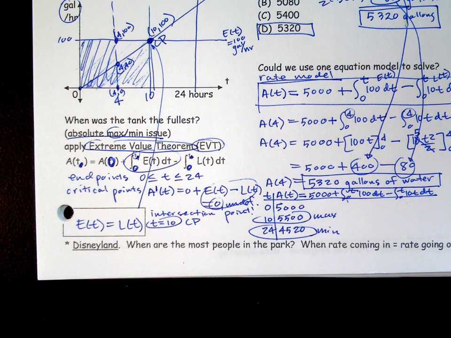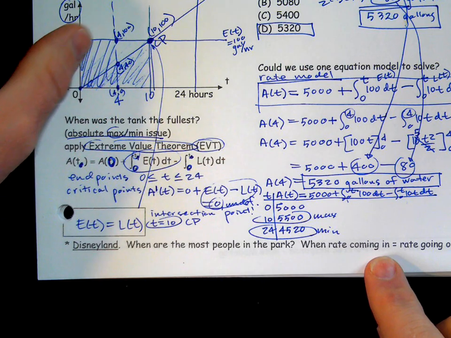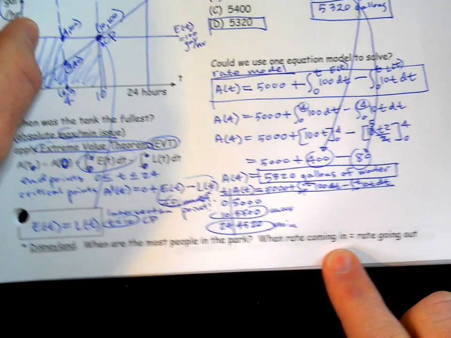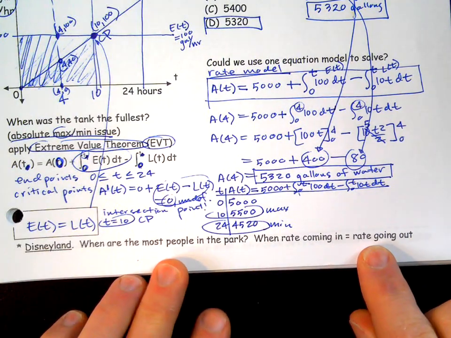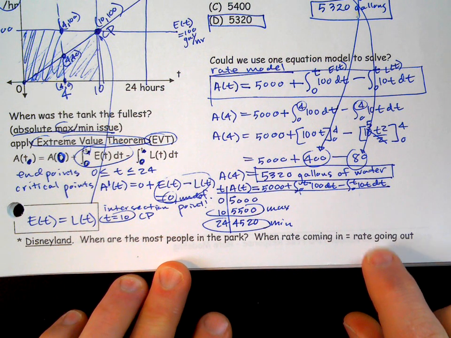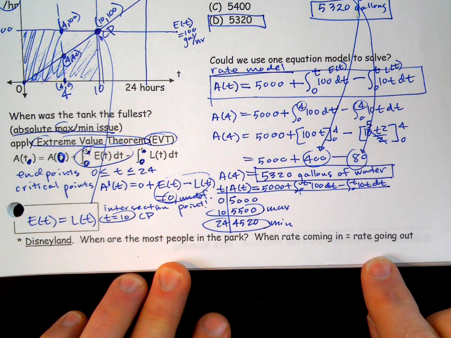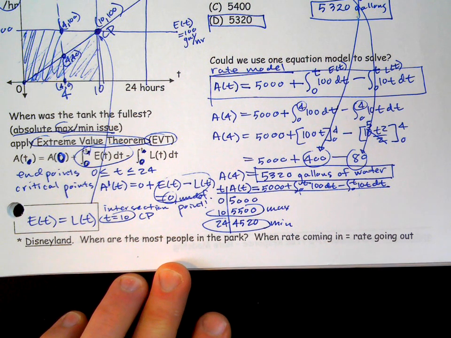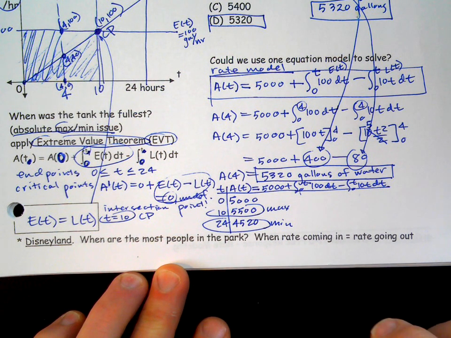And it's going to be at this weird place when the rate of people coming into the park is exactly equal to the rate of people going out of the park. So it's kind of weird. It's this moment when the same amount of people are coming in and out at the same time. That's actually when the park is at its highest or at a peak during the day. And one of those peaks is going to be the absolute max. So I think we should probably go and investigate that ourselves.